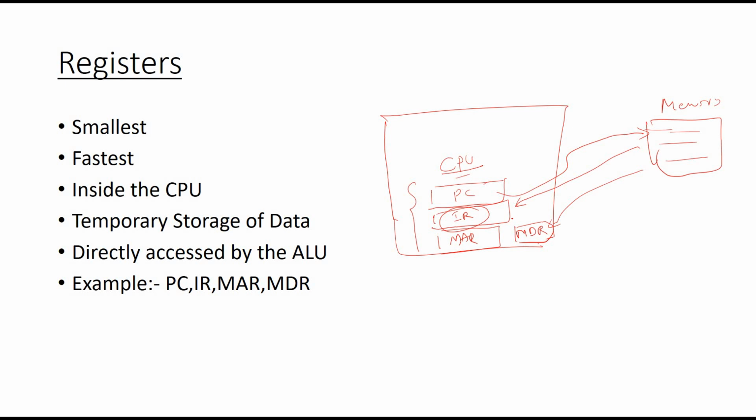Or during the processing of the instruction, if the CPU needs to write data to memory, then the data present in the memory data register will be loaded back to memory. Since these registers are in the CPU itself, the arithmetic logic unit can directly access them, which is very fast when compared to accessing the instructions directly from memory or cache. So these are the smallest and fastest memory type in the computer architecture.